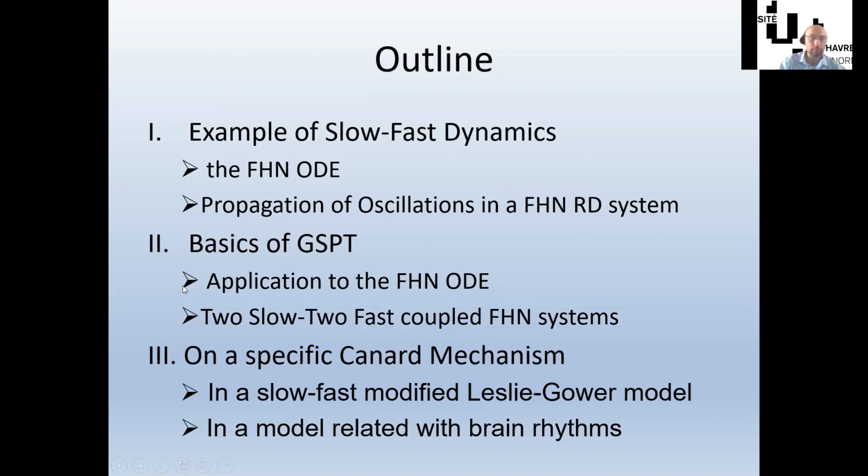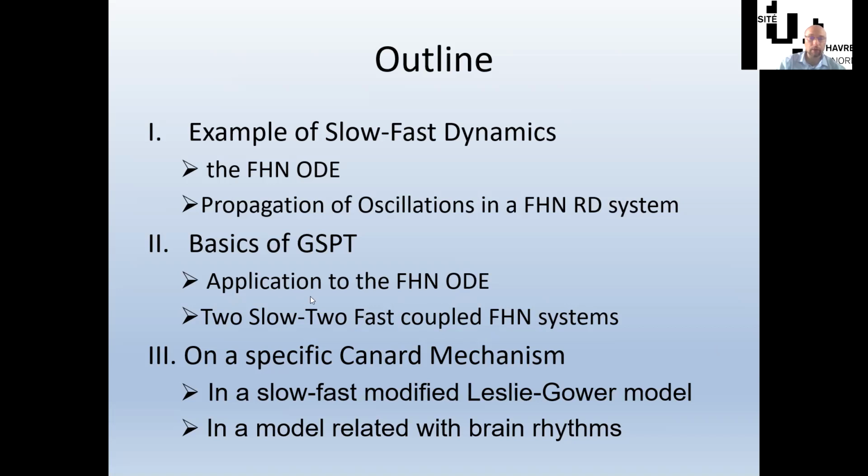Then we will discuss the basics of the geometric singular perturbation theory, and you will apply it to the FHN model. And then I will show you some results on two slow, two fast coupled FHN systems.